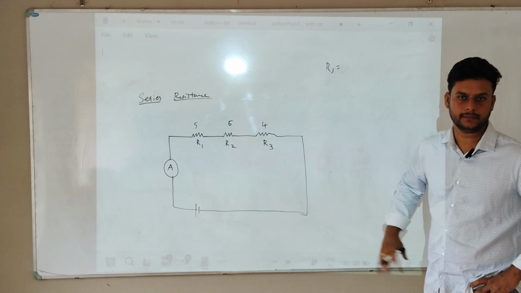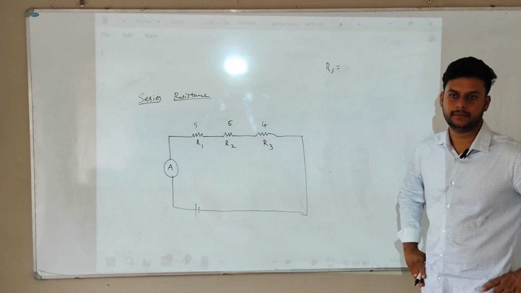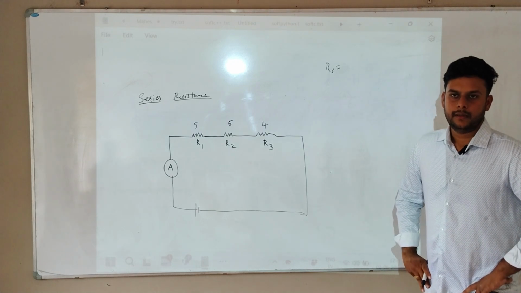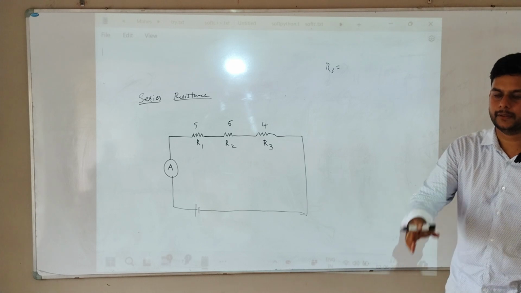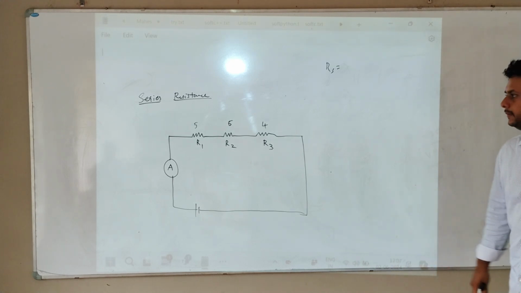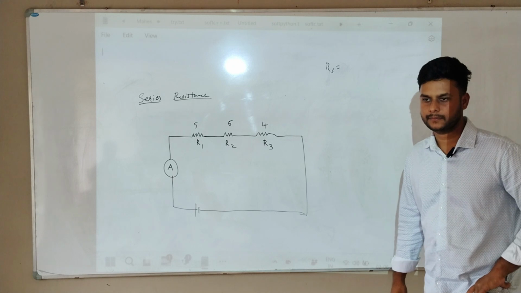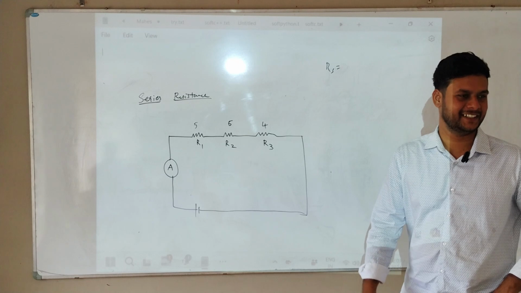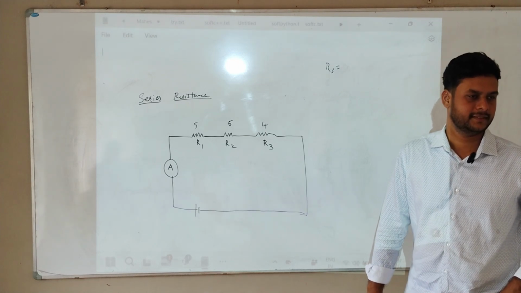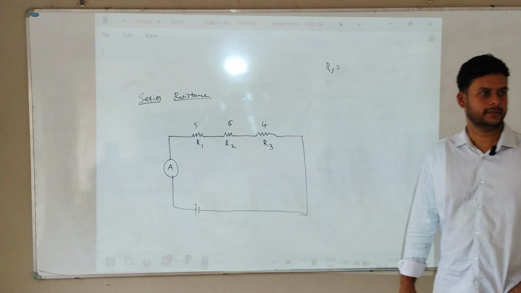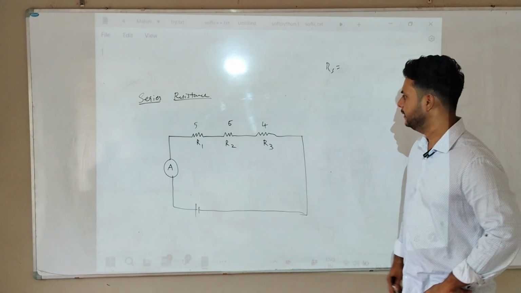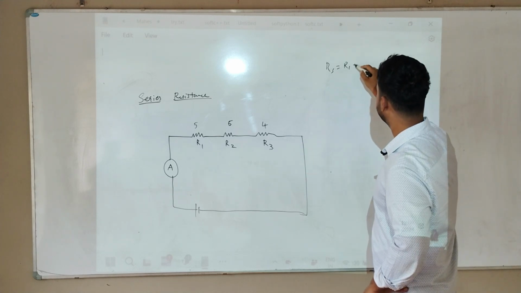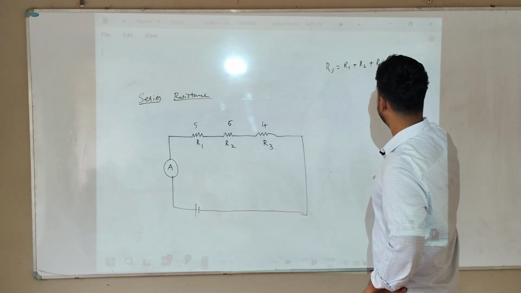I said that we should add R1 plus R2 plus R3. RS is equal to R1 plus R2 plus R3. R1 is how much?